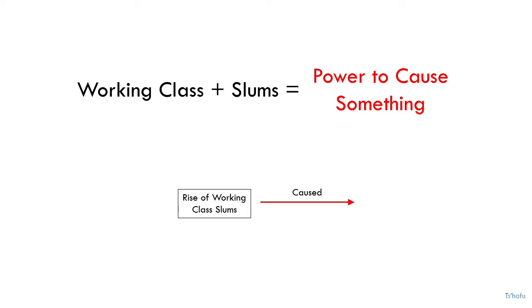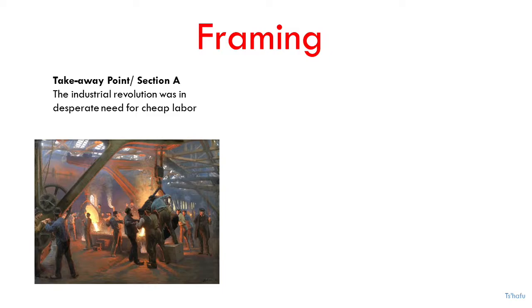And the critical thing here, and I cannot stress this enough, is this idea of framing our section. We are not interested in working class for the sake of the working class. We're covering it by way of framing it for a larger picture. Right? So in our case, it's cheap labor that we want to emphasize. And the same thing comes for slums.